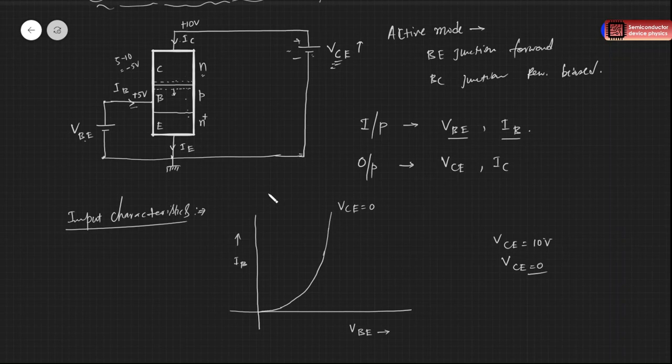So the curve will be on this side, right? So base current will reduce. This is for VC 0, and this is for our VC equals 10 volts.